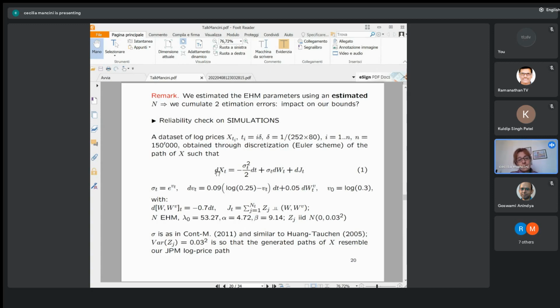We simulated 500 paths of a log price process like this, where sigma is the exponential of a mean reverting process, and the jump component is given by a process like this, with an exponential Hawkes model with the parameters we estimated above.